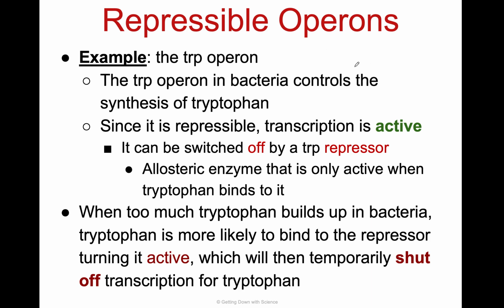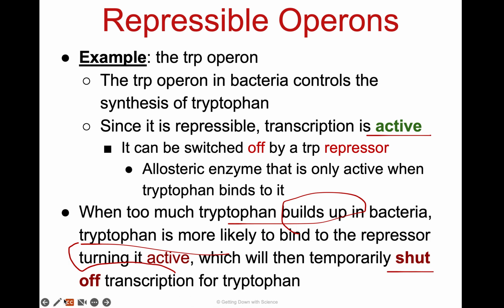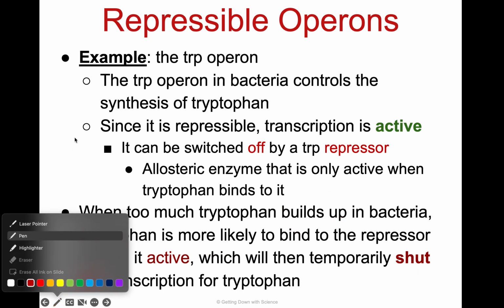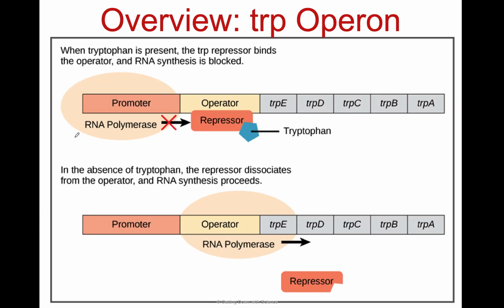So it essentially becomes its own regulation. When it builds up, it's used as a repressor. It allosterically binds, which shuts off transcription. So no more tryptophan. We saw this again in the enzyme pathway as well.